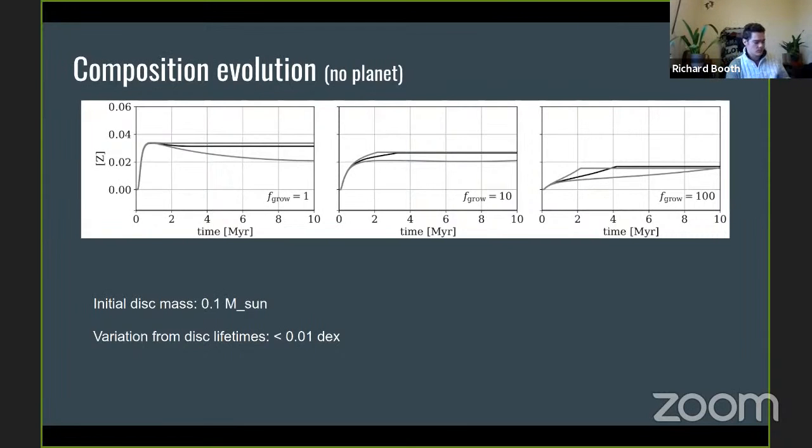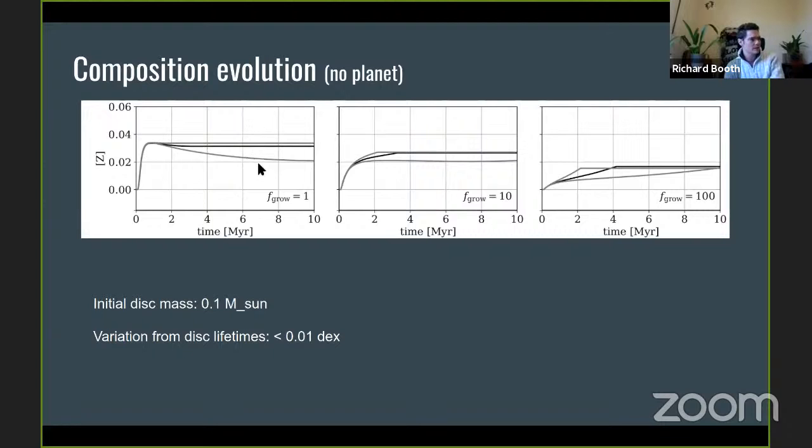So by the time that photoevaporation kicks in and shuts off the accretion of dust and gas, you've accreted essentially 100% of the dust, but you've only accreted, say, 80 or 50% of the gas, depending on how efficient photoevaporation was. So that gives you an enhancement in the metallicity of the star, which is our baseline amount.